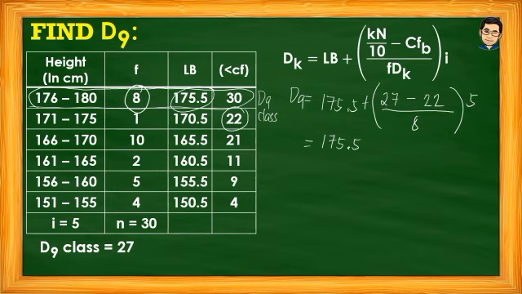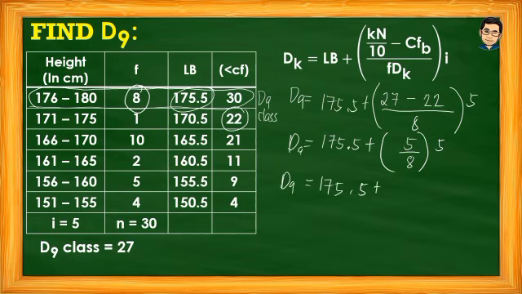175.5 plus the quantity of 27 minus 22 all over 8. So, 27 minus 22, that is 5 over 8 times 5. So, 175.5 plus 5 over 8. Pwede rin natin yung i-divide o kaya naman 5 times 5. Okay, so 5 times 5 is 25 over 8.